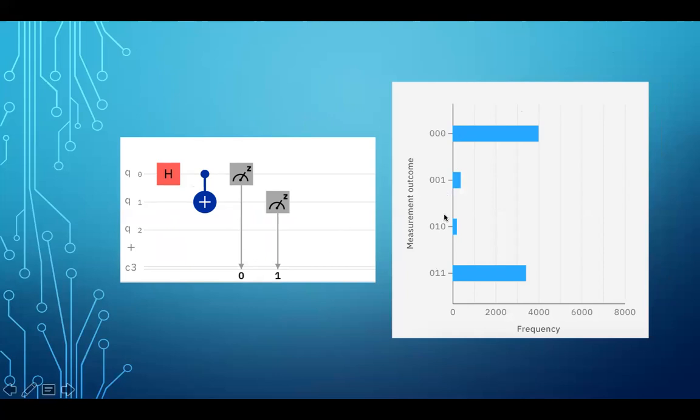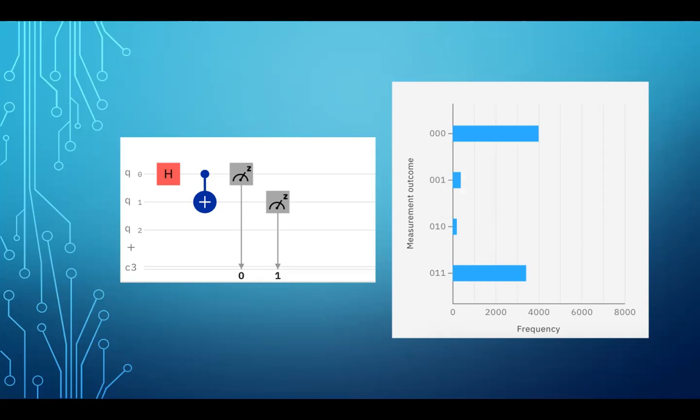For example, 0, 1 and 1, 0 here. These are due to environmental noise. The two qubits are also interacting with the environment, which can also alter their states. The probability is small in this case to end up in 0, 1 or 1, 0 states. So the IBM quantum computer is very well built.